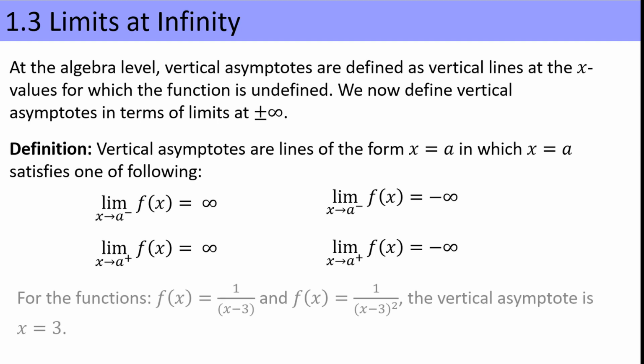For the functions f of x equals 1 over the quantity x minus 3 and f of x equals 1 over the quantity x minus 3 squared, the vertical asymptote is x equals 3.